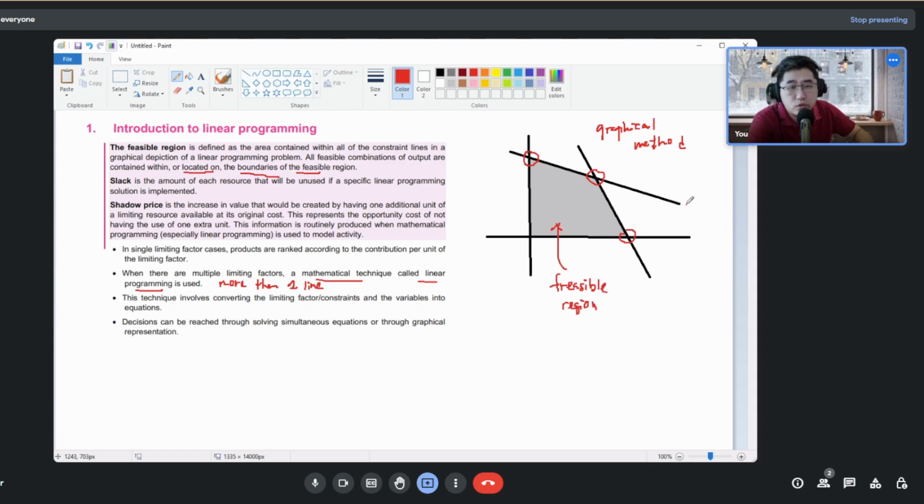So these are equation 1, and this may be equation 2. A decision can be reached through solving simultaneous equations. So here, we want to find the points and actually solve the simultaneous equations, or use graphical representation.